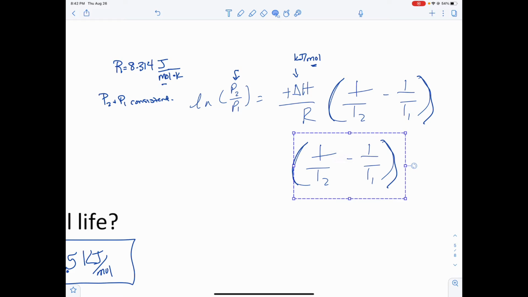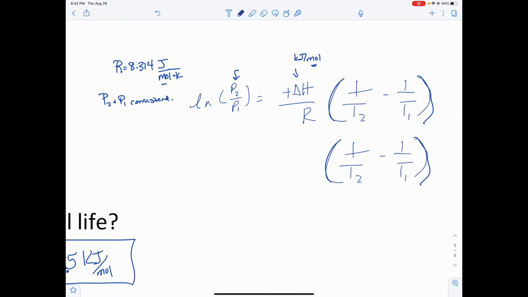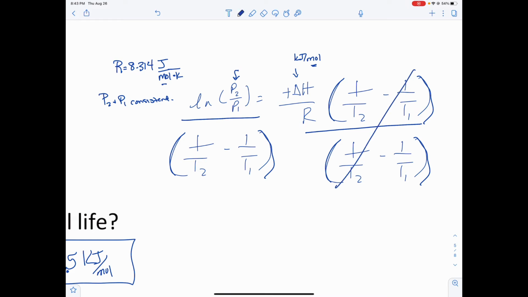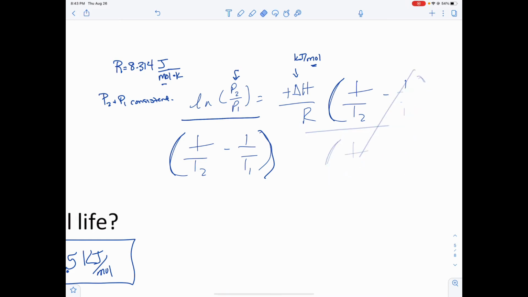It's like I'm just saying, divide both sides by that number, and then divide both sides by that number. So when I do that, these terms go away, so I'm going to go ahead and erase them now. But I've still got the R with the H, and to solve for a variable, it has to be by itself. So times R and times R, these R's cancel. So I'm left with delta H is equal to this equation.